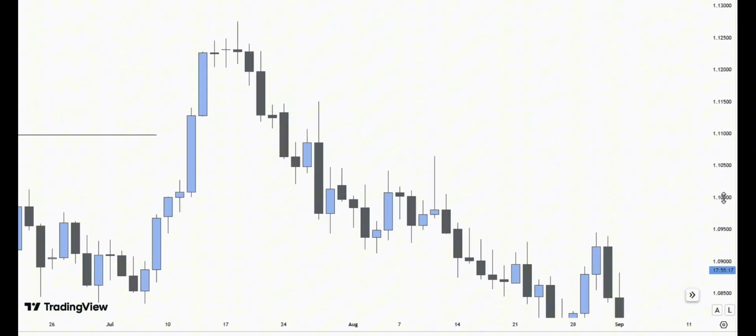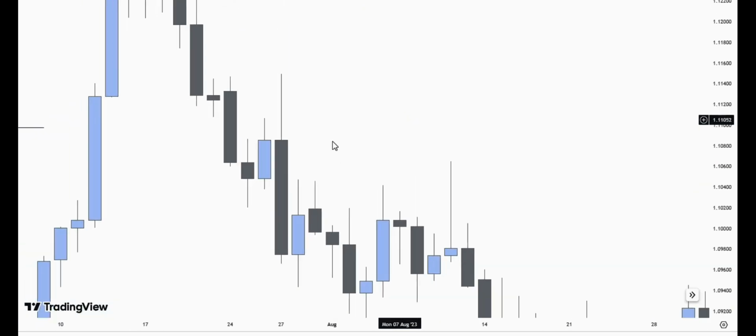Okay, so you can see we have 1, 2, 3. This is the low I marked before. If you were following this low, as you can see, they are not overlapping.